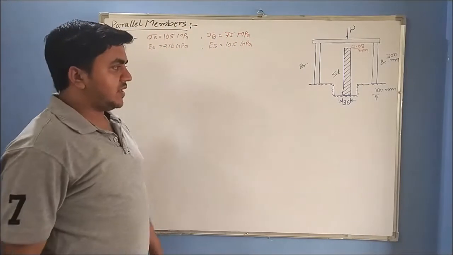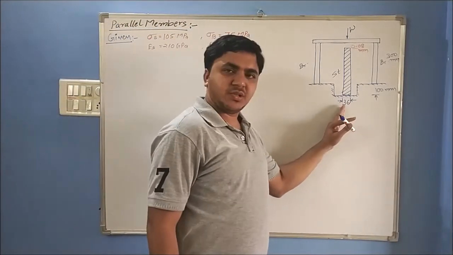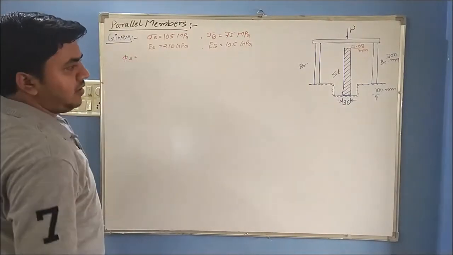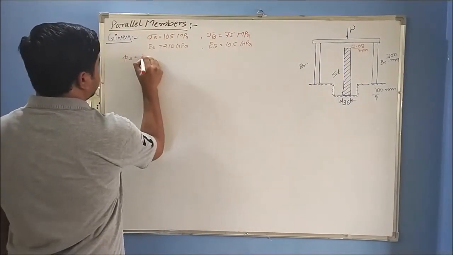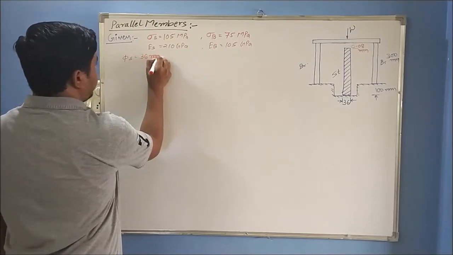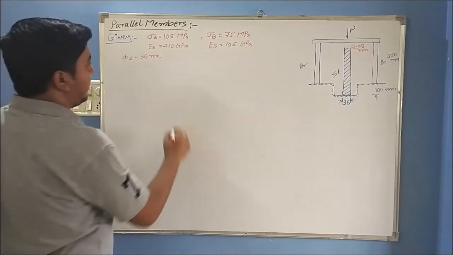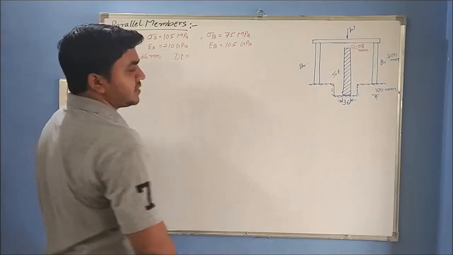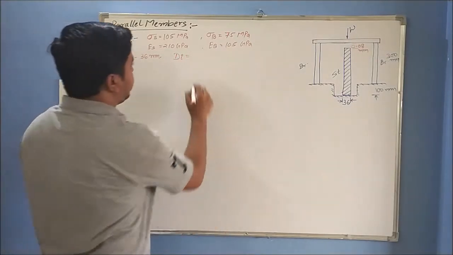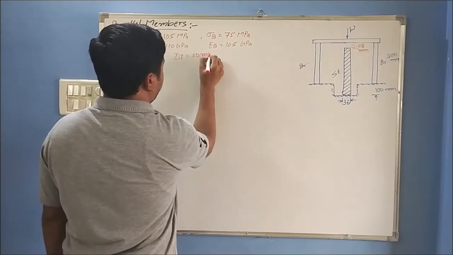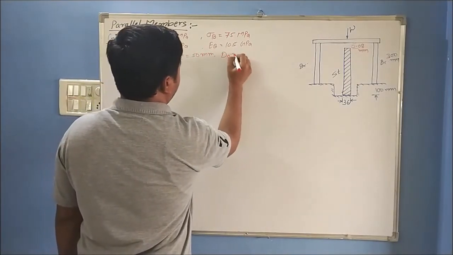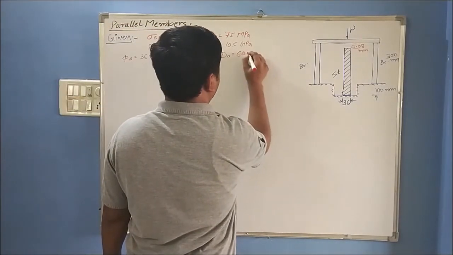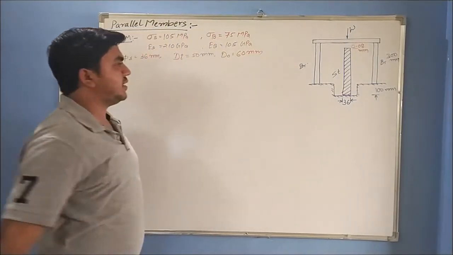At the same time, diameter of steel rod is given as 36 mm, as well as the internal diameter of brass is given to you as 50 mm, and the outer diameter of the brass is given as 60 mm. So this data is given to you.